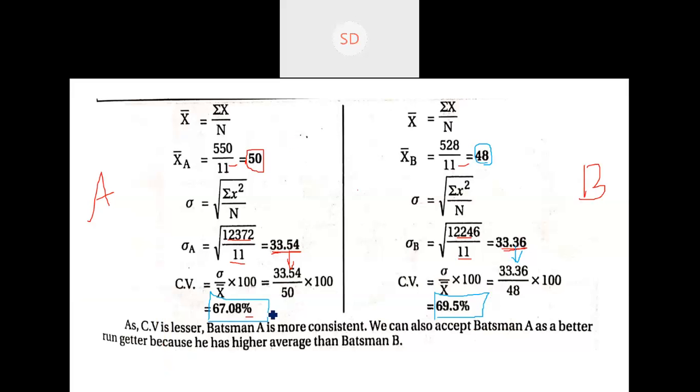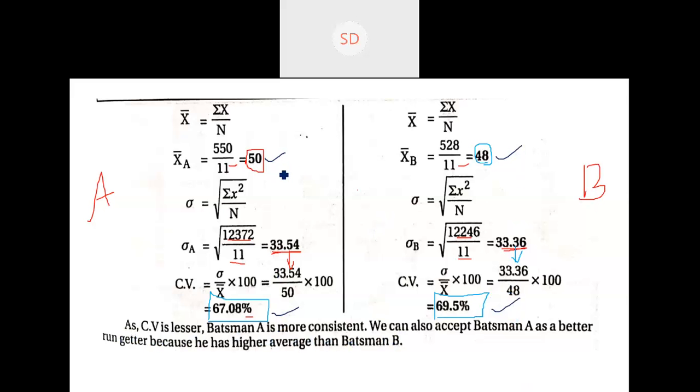Now these data, that is the arithmetic mean of both A and B and the coefficient of variation of both A and B, these four data will help us in giving the conclusion. So how do we give the conclusion? As CV is lesser, batsman A is more consistent.